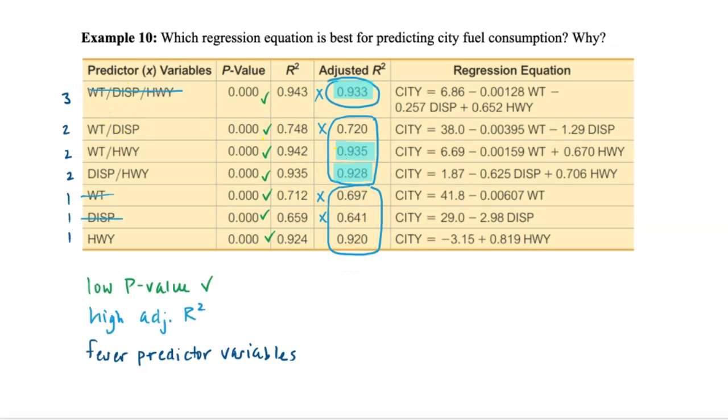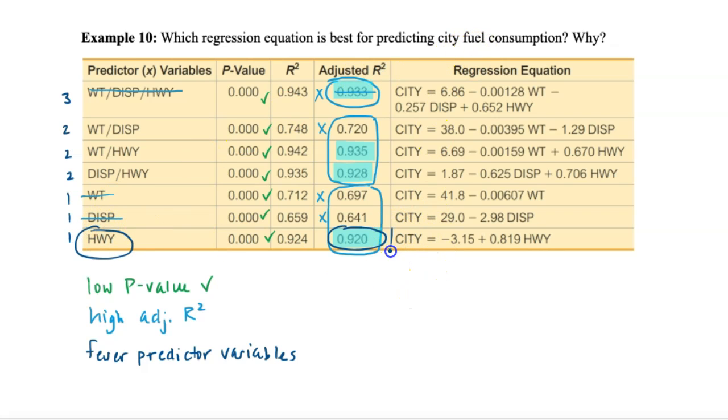We're down to 3 different cases. And so here we are comparing the R square values of these situations with 2 predictor variables and with 1 predictor variable. And because one is not much lower than the others, this one is the winner. So highway is the winner.